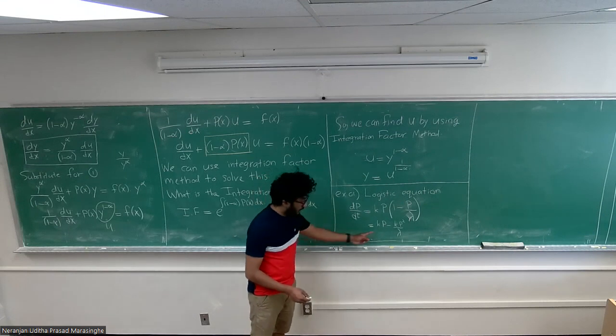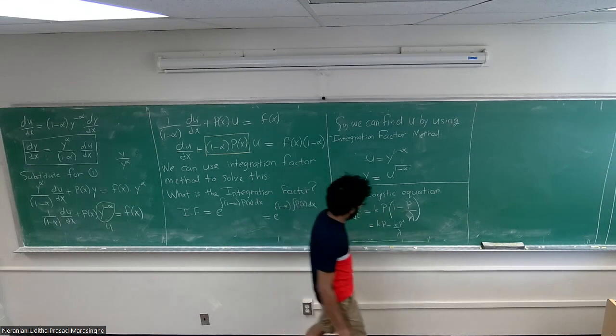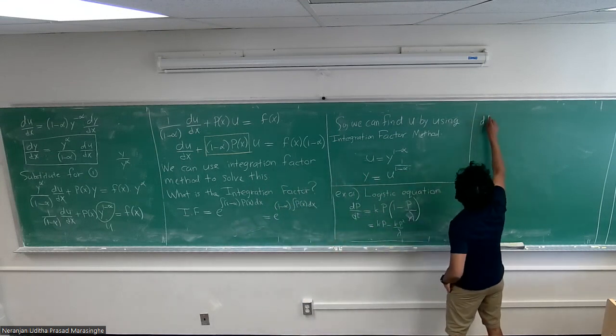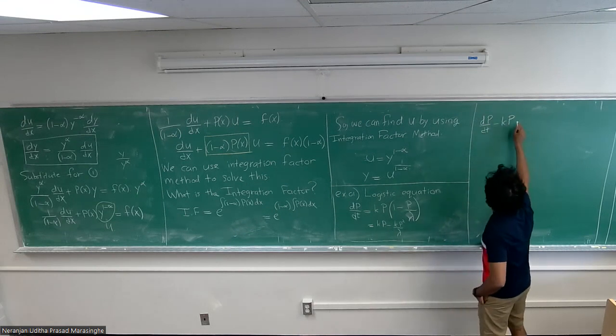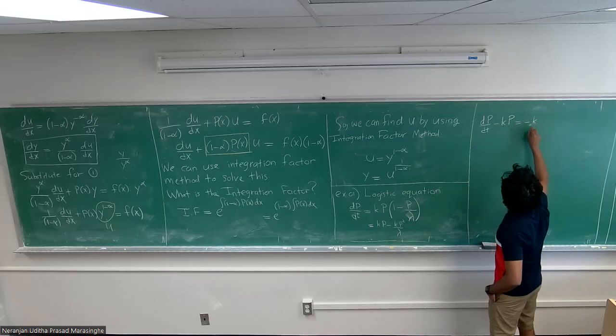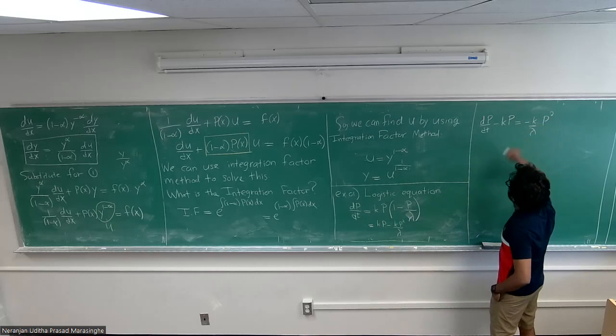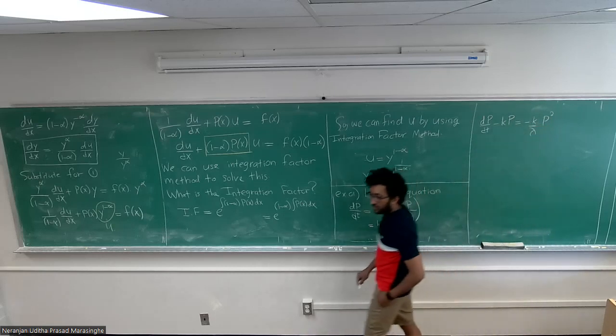Then I have dP/dt minus k times P is equal to minus k divided by lambda times P square. Now what can you say about this equation?